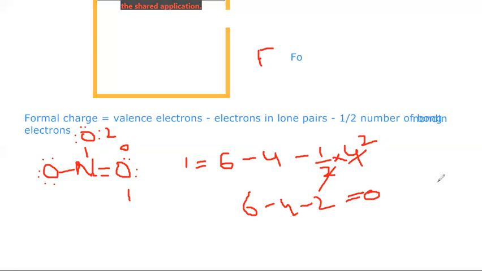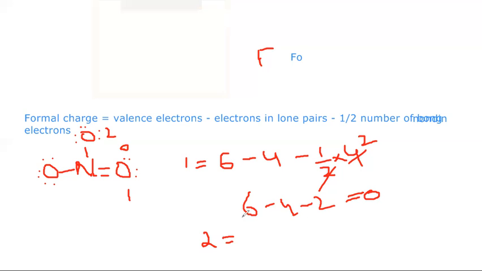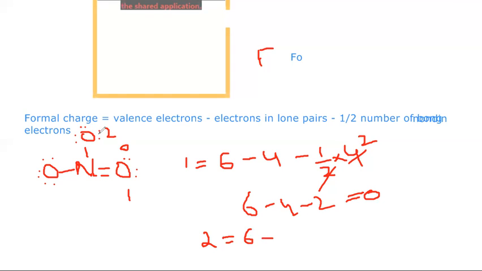Similarly, you can do it for the second oxygen. If I ask what is the formal charge for this oxygen, again the valence electrons are the same, minus the lone pair electrons: 1, 2, 3, 4, 5, 6. There are 6 valence electrons, 6 lone pair electrons, minus half the bonding electrons.